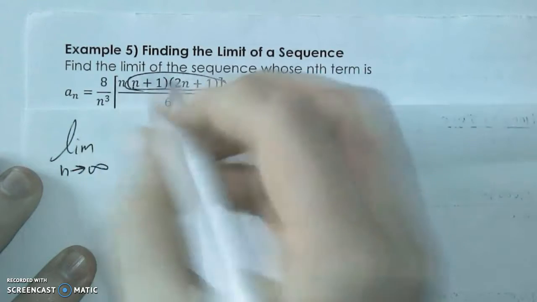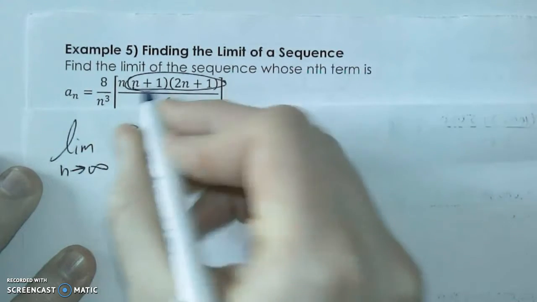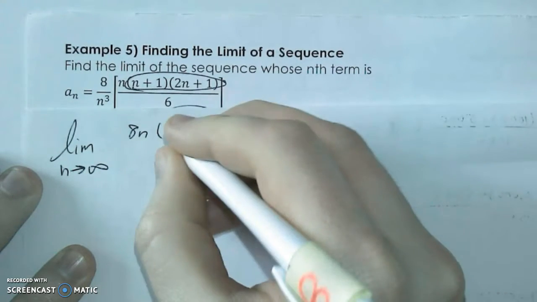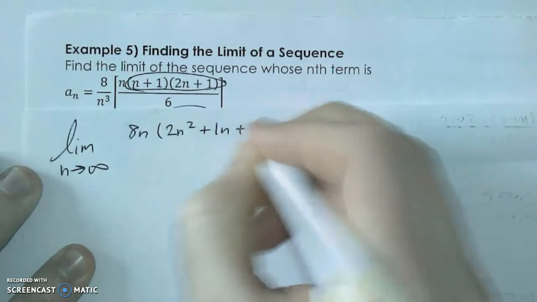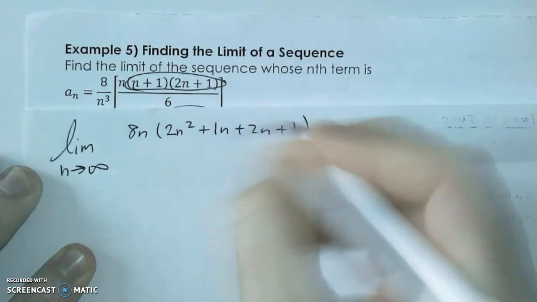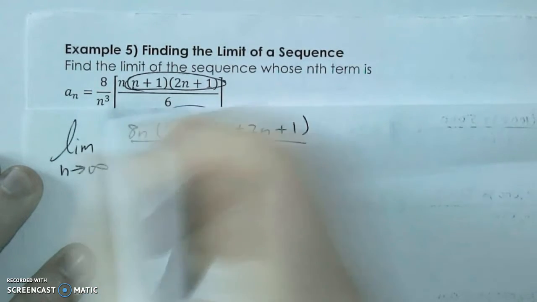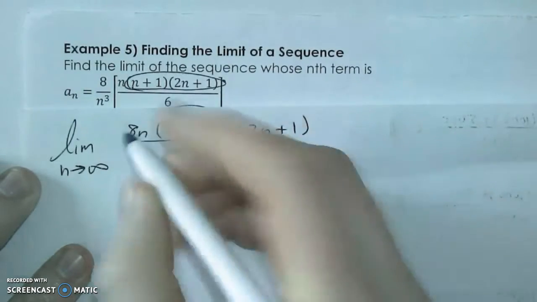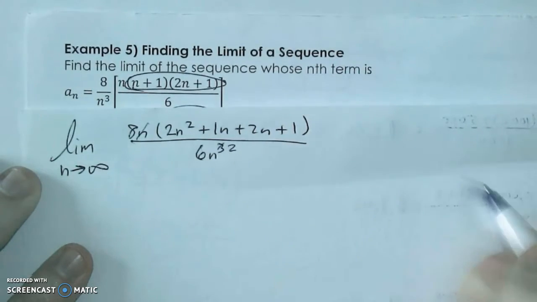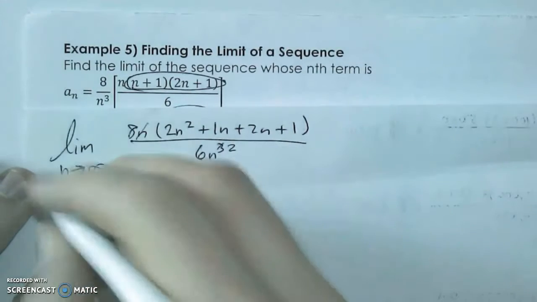So I'm going to have an 8 and an n. And then if I FOIL those two parentheses, I'm going to have 2n squared plus 1n plus 2n plus 1. And on the bottom, I've got a 6n cubed. Here I can cancel one of my n's and go ahead and collect like terms.